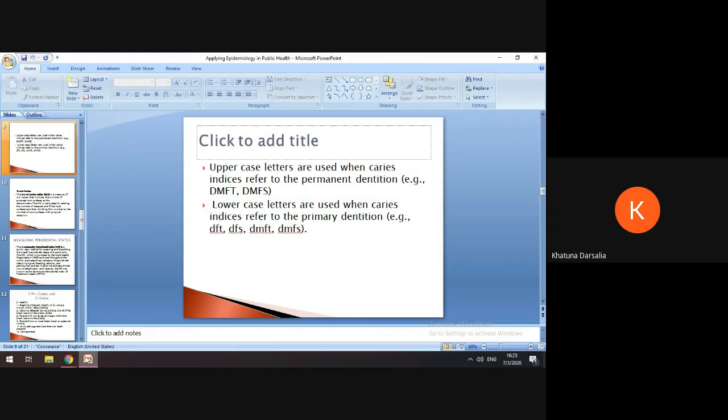In other words, the BSS gathers information on a per person basis rather than on a per tooth or per tooth surface basis. Each person screened is classified in a dichotomous manner. It's a yes or no as to whether or not they have treated decay or untreated dental caries.